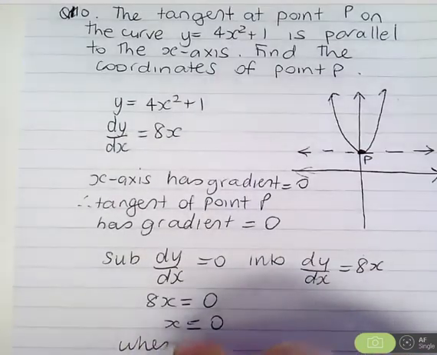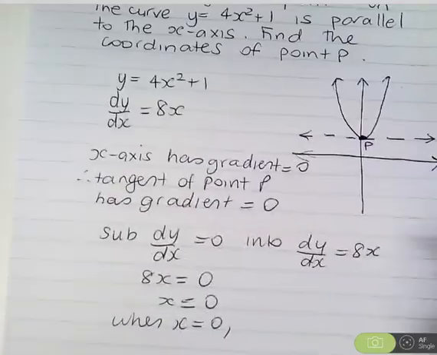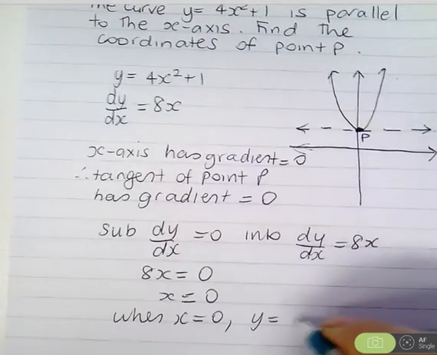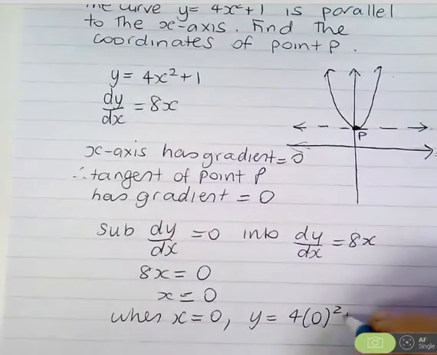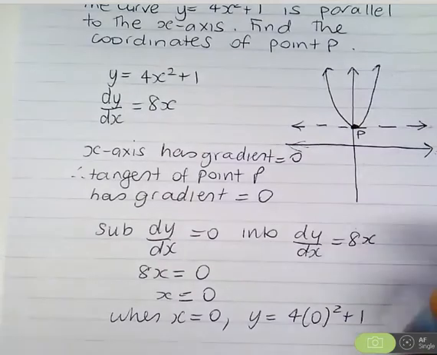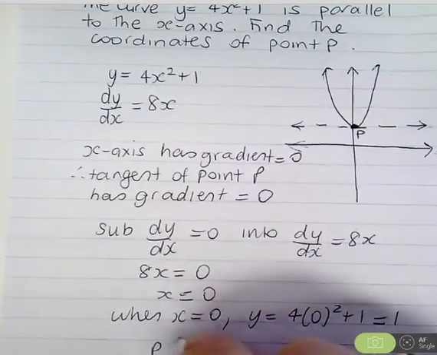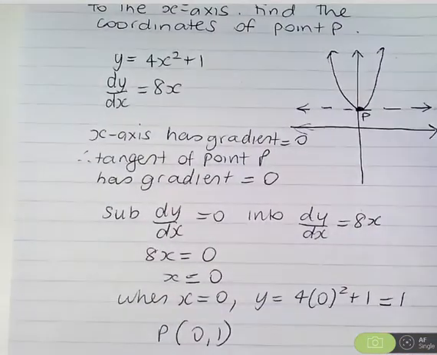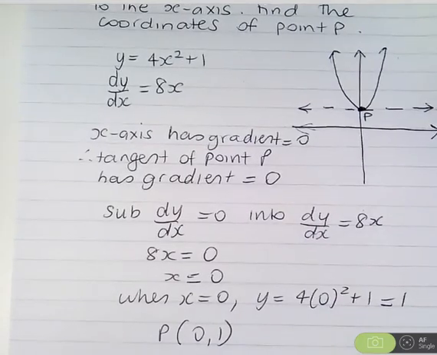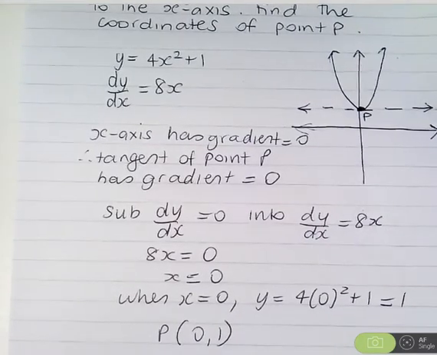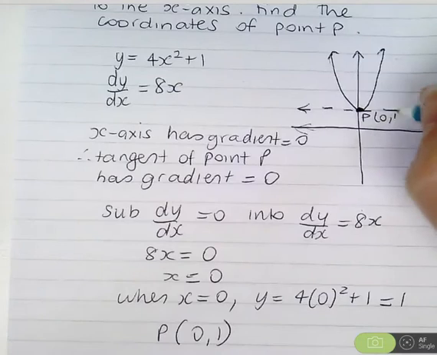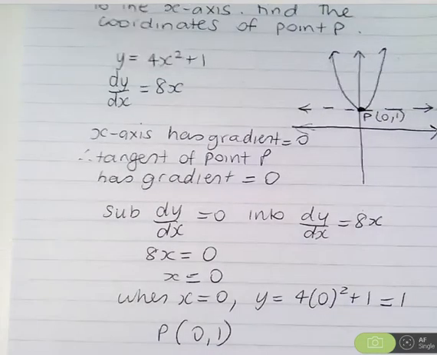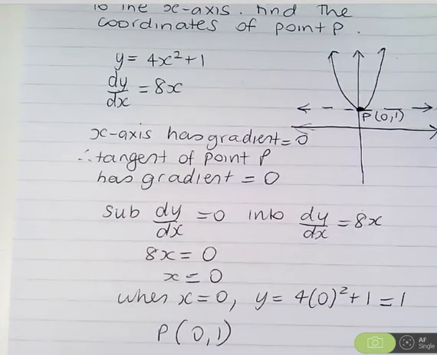And we know that when x equals 0, to find the point on the curve, y equals 4 times 0 squared plus 1, which is 1. Therefore, point P has coordinates 0, 1. Okay? Actually, that question could have been done just by observation, but you can see that it also works with differentiation.